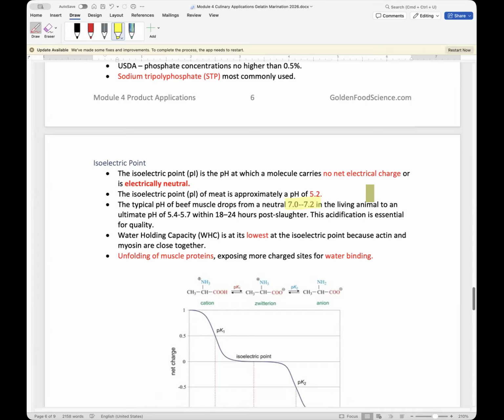Metabolism keeps going until it's used up all of the glycogen inside the muscle. Because there's incomplete metabolism, it produces lactic acid, and that lowers the pH of the meat to about 5.4 to 5.7 within 18 to 24 hours.